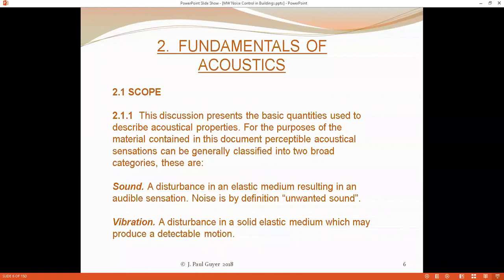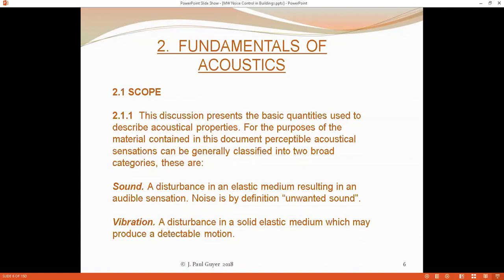It might be a person singing in a room, in the source room, or playing the violin, or banging a drum, or a piece of machinery that's running, and the vibration of the vocal cords or the violin string or the piece of machinery is what causes sound and vibration.